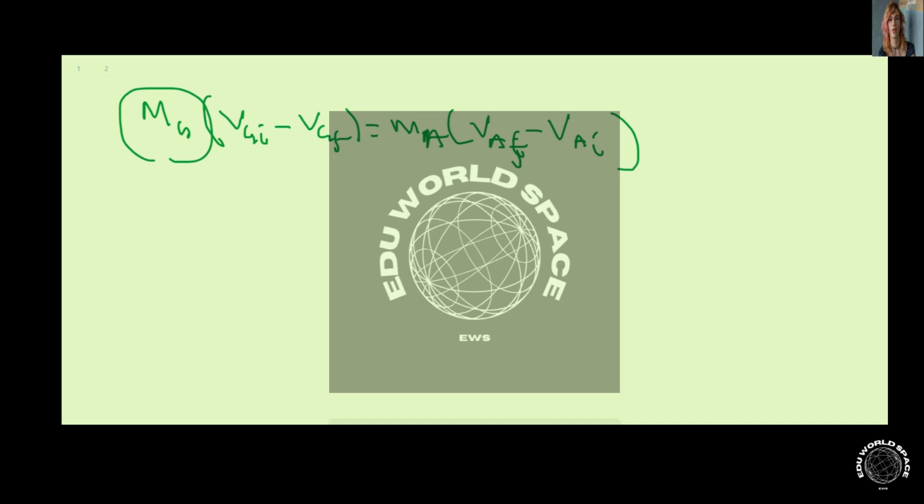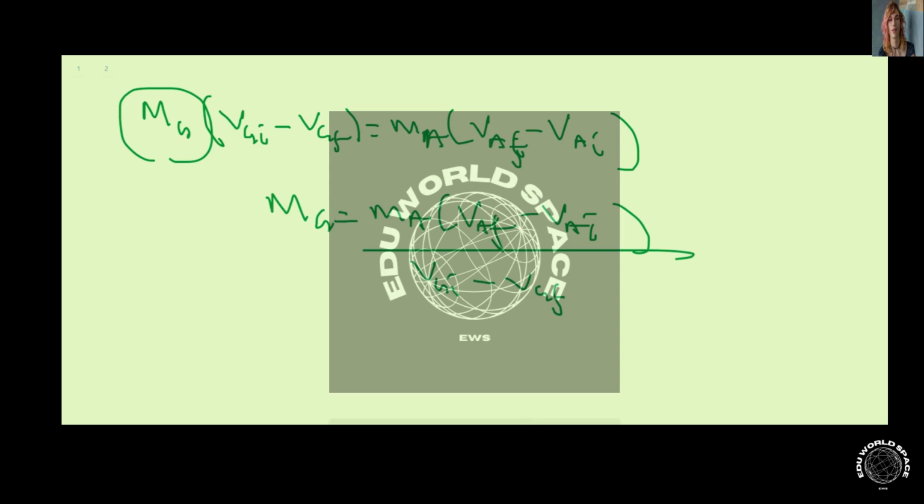Our goal is to solve for the mass of the canister. So this is MA, VA final minus VA initial. It's always a good habit to keep your variables up until the end. It just means that you're going to be less likely to have computational problems.